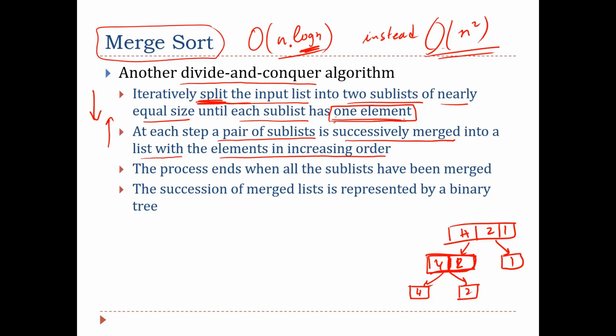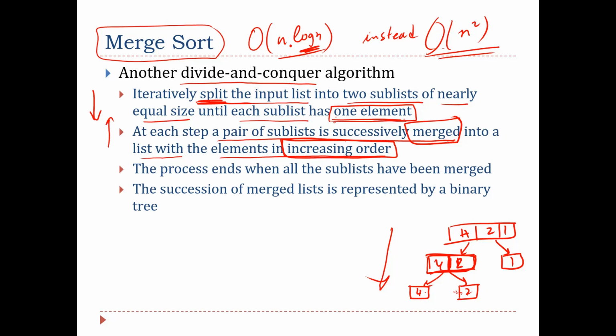So this is how the first phase of the merge sort would proceed. And now that we have only one element in each list, we know very well how to merge them, while keeping them sorted in increasing order. So for example, we would do a very simple test to check that this element to the right is less than the element here to the left.